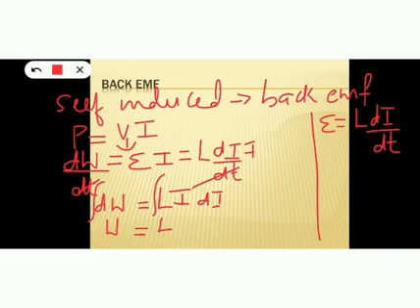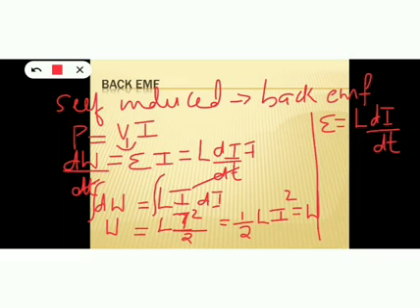So integral I di will be I square by 2. That is equal to half L I square. So this is the expression for total work done by the current against this back EMF or induced EMF.